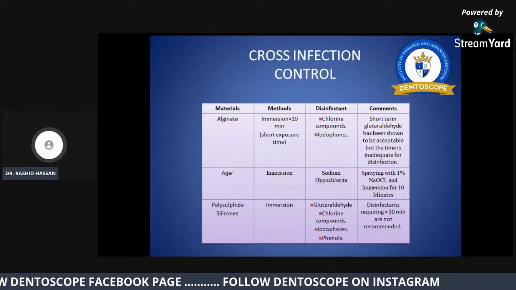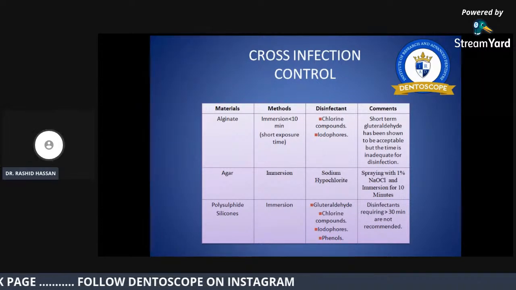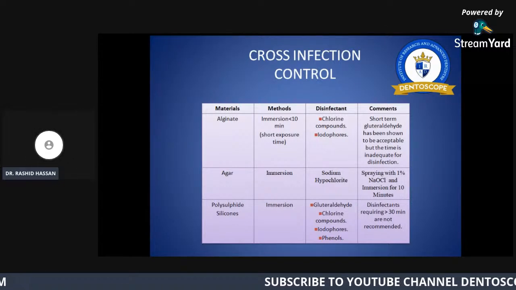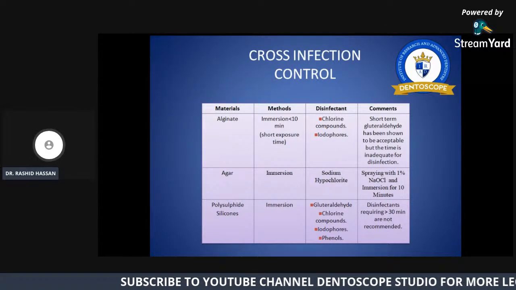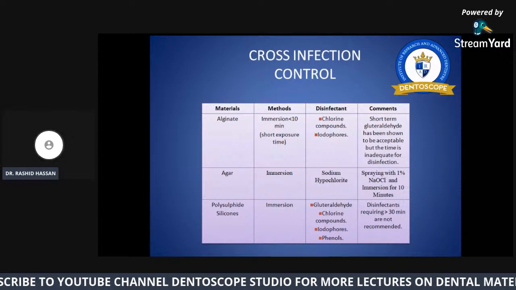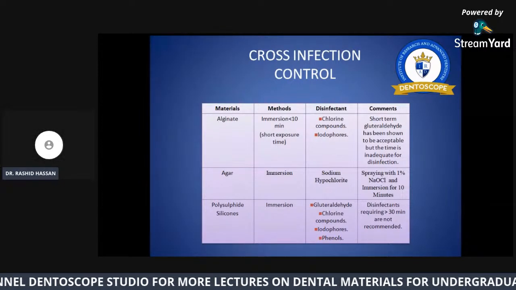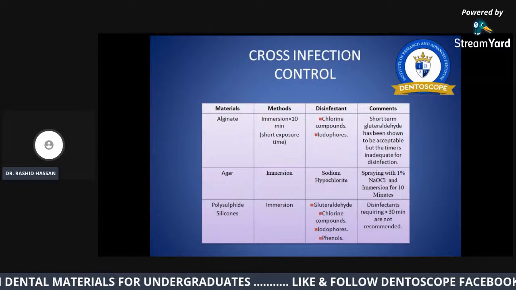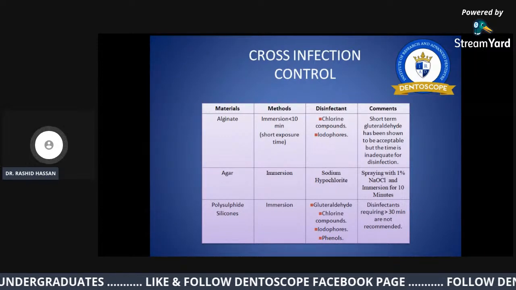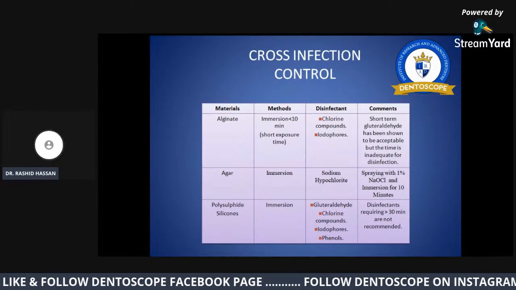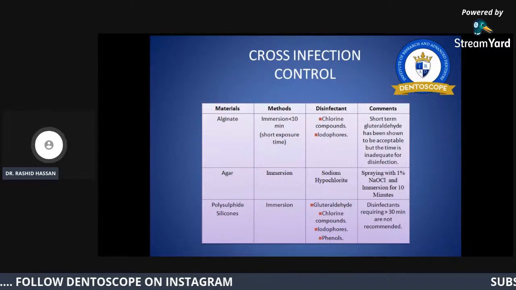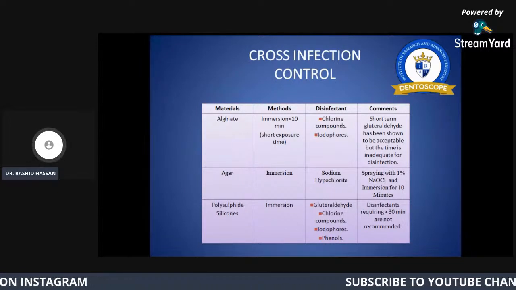They are inexpensive and fast acting as well. That's their advantage. The effectiveness of these chlorine compounds is against all types of bacteria, enveloped or non-enveloped viruses and fungi, so they can easily kill them. So the process is immersion into the chlorine compound for about 10 minutes, and then you get the desired result.